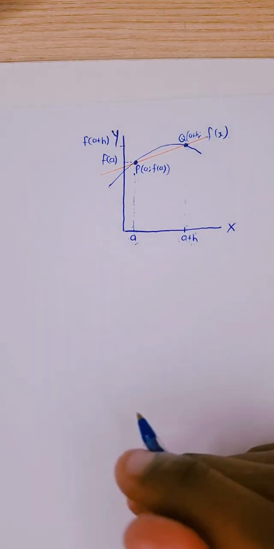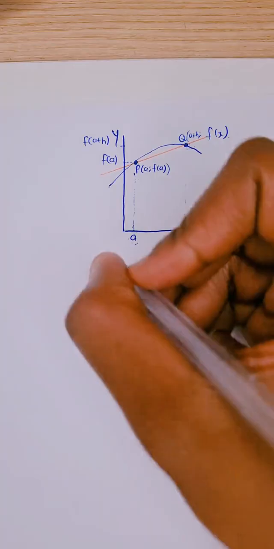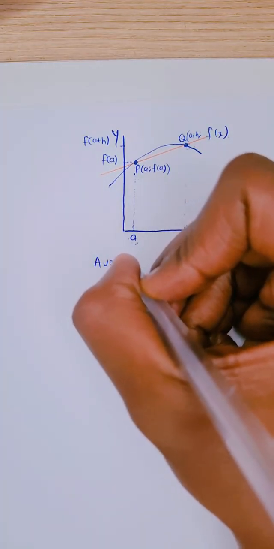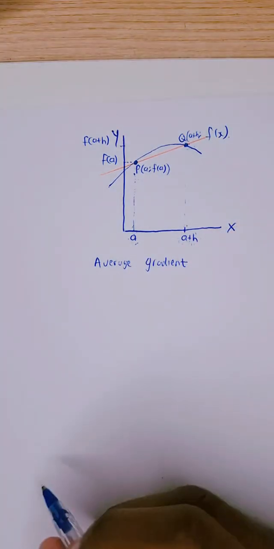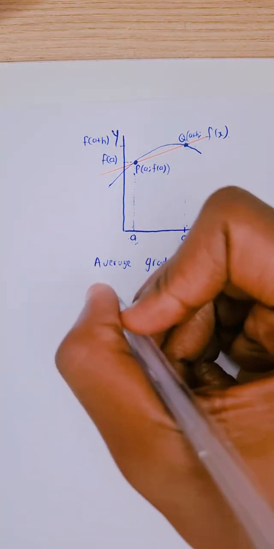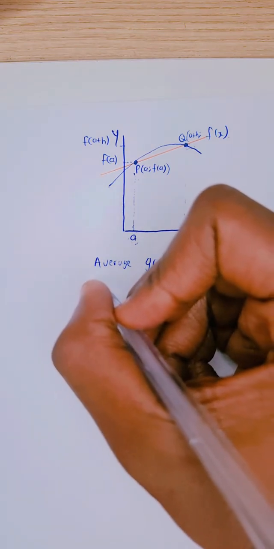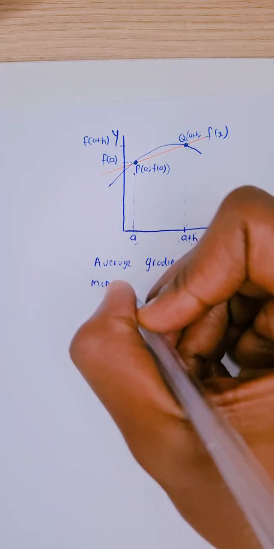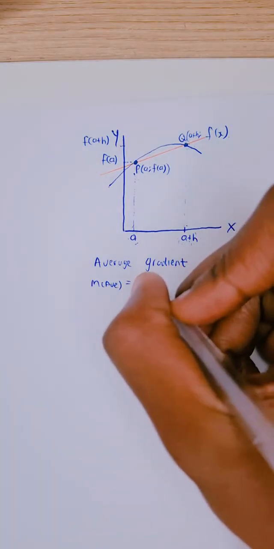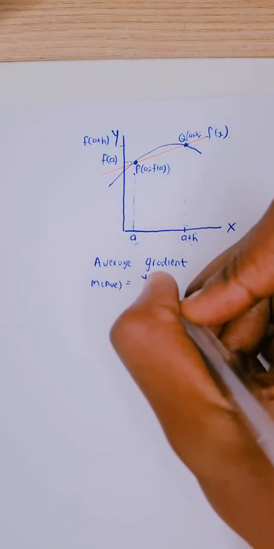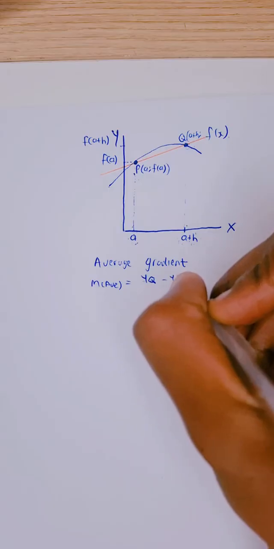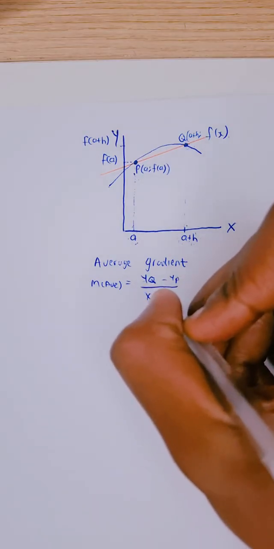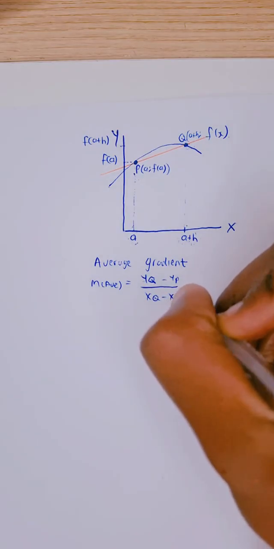So when we calculate the average gradient, our formula, my beautiful people, is going to be the average gradient is the y coordinate of Q minus the y coordinate of P, over the x coordinate of Q minus the x coordinate of P.